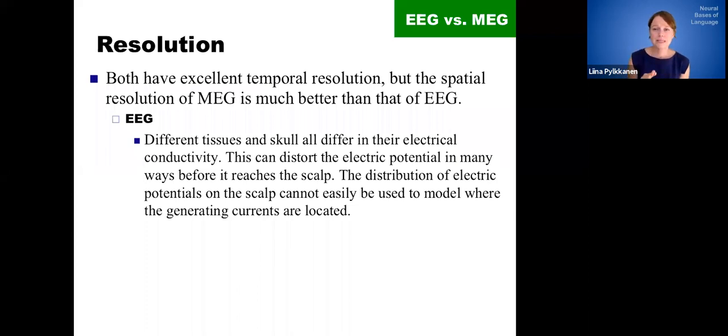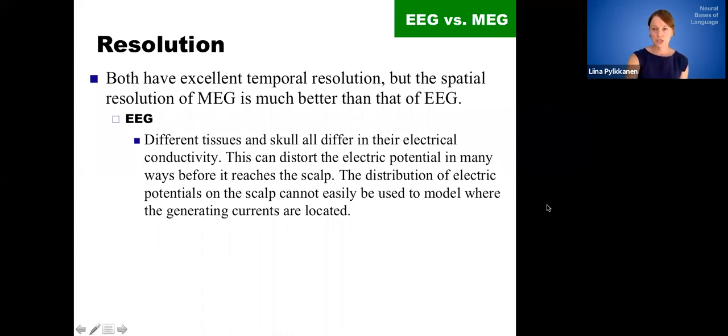And what that means is that the potential gets distorted or kind of morphed many different ways before it reaches the electrode outside your head, on your scalp. And that distorts the electric potentials enough that it's actually pretty difficult to figure out exactly where the underlying current is coming from.